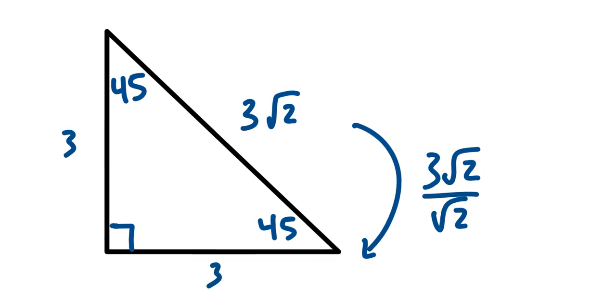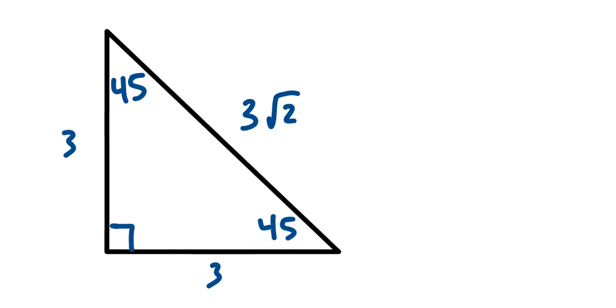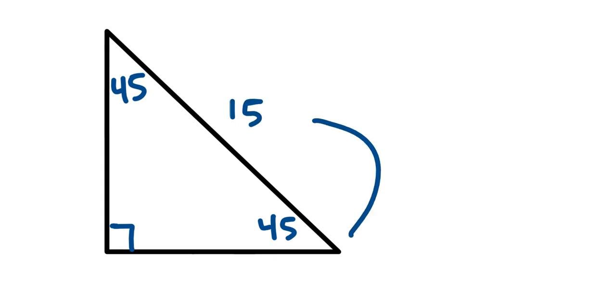And then, of course, the slightly more difficult example, probably the most challenging case, and it's not really that challenging, is if I told you the hypotenuse was 15. In order to get to the leg, we would have to take that 15 and again divide by the square root of 2. We wouldn't leave our answer like this because we've been talking about rationalizing the denominator.